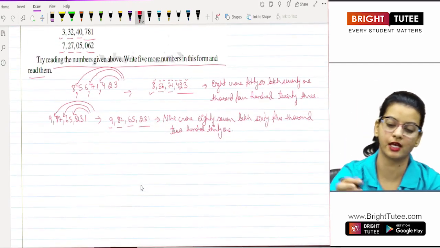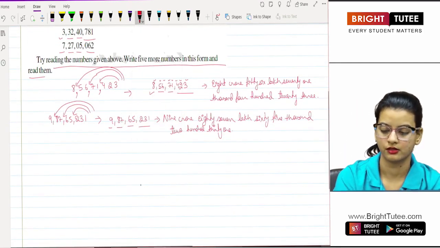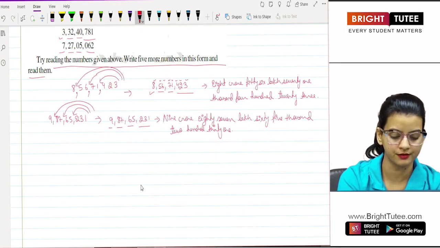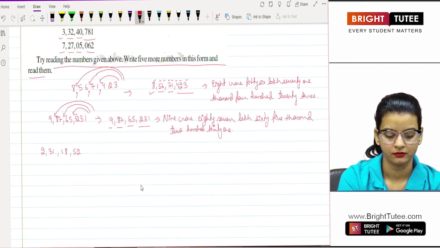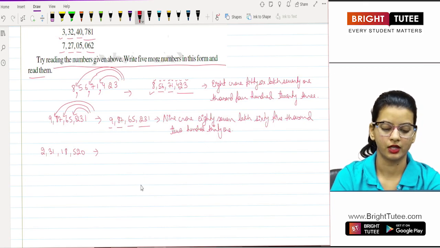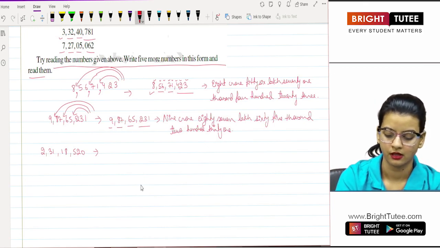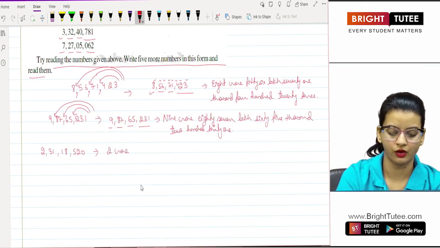We have to write 5 examples over here. Okay, so another example is, again, now this is 2 crore.